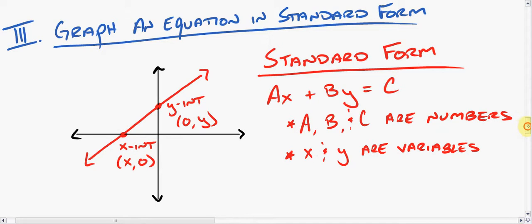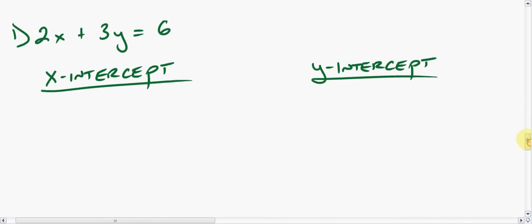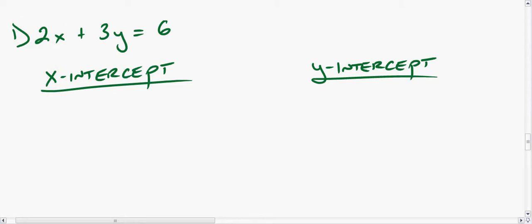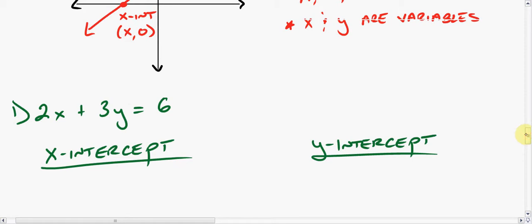So let's go down to our first equation here, and we've got 2x plus 3y equals 6. I've got a spot here for our x-intercept and our y-intercept, because we're going to want to find each of those. To find the x-intercept, what's the value of y at the x-intercept?